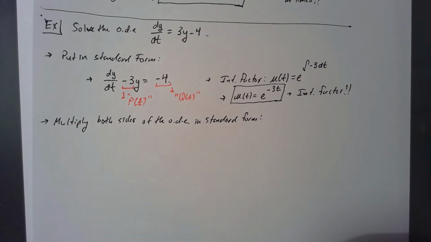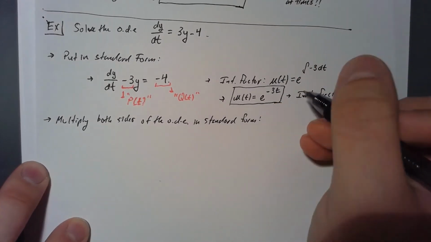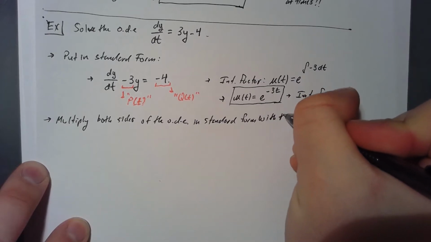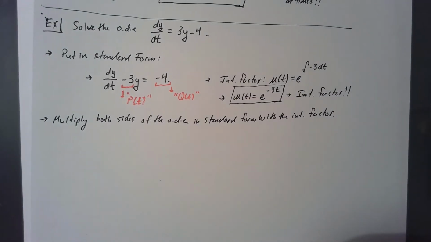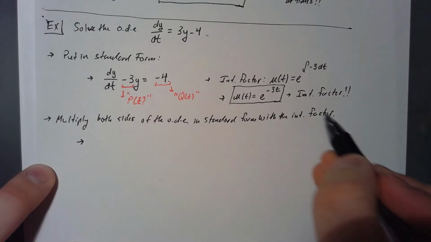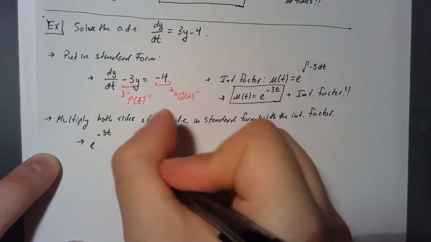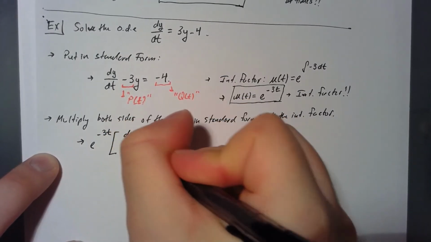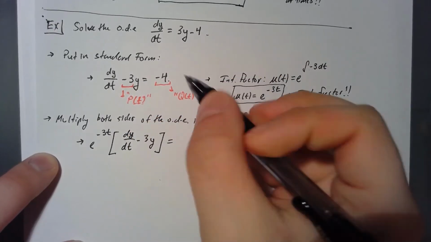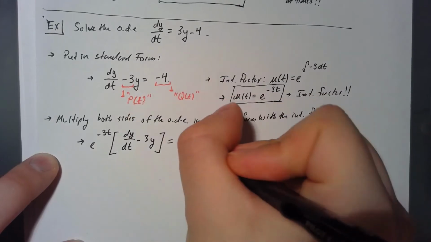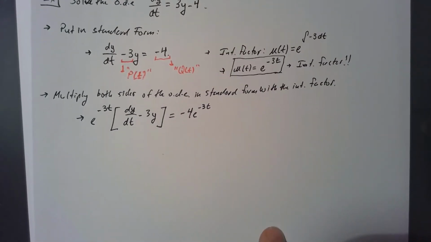So I multiply this by everything over here: e to the negative 3t times dy/dt minus 3y equals, well, when I multiply negative 4 by e to the negative 3t, it's just going to be negative 4e to the negative 3t. So this is what I have now.